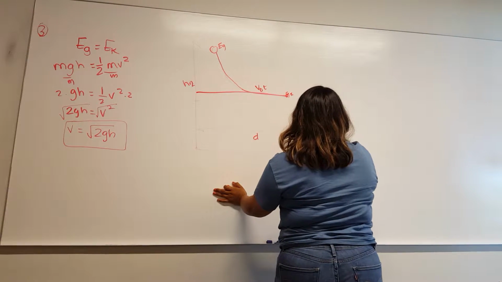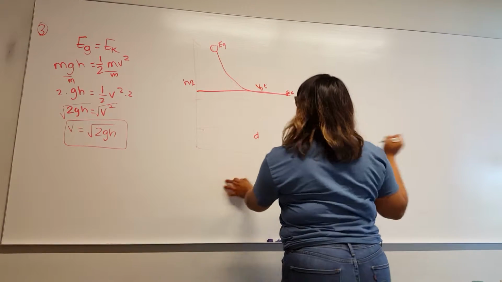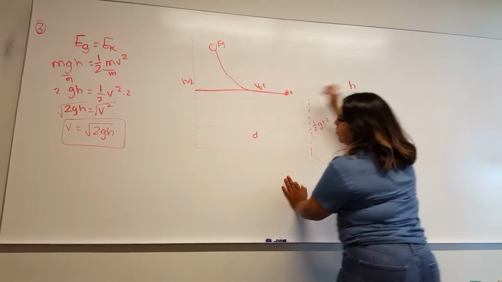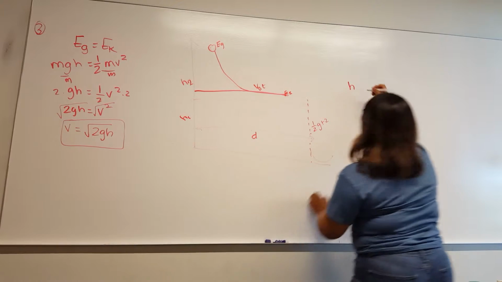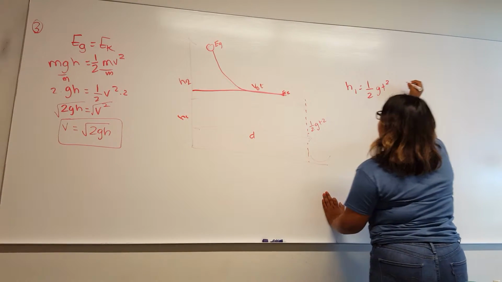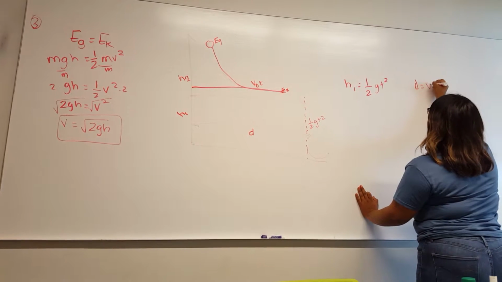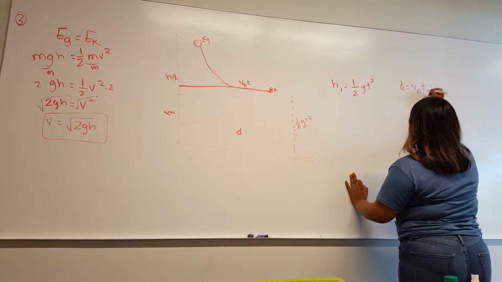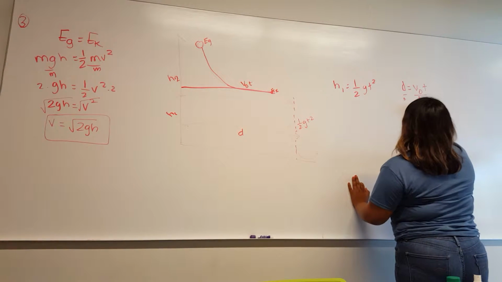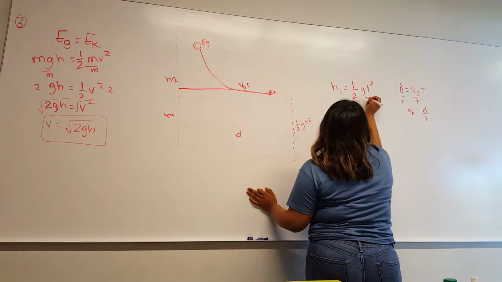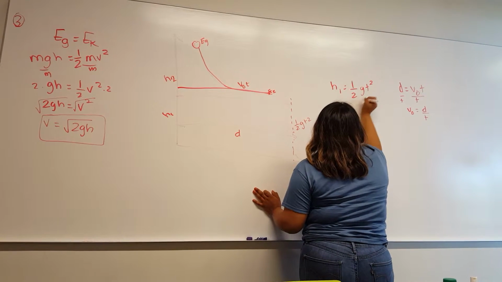So first we're going to set up our equations. I'll mark this h1, by the way. So h1 would equal 1/2 gt squared, and d would equal v not t. So we're just going to solve for t using this one. So v naught equals d over t.